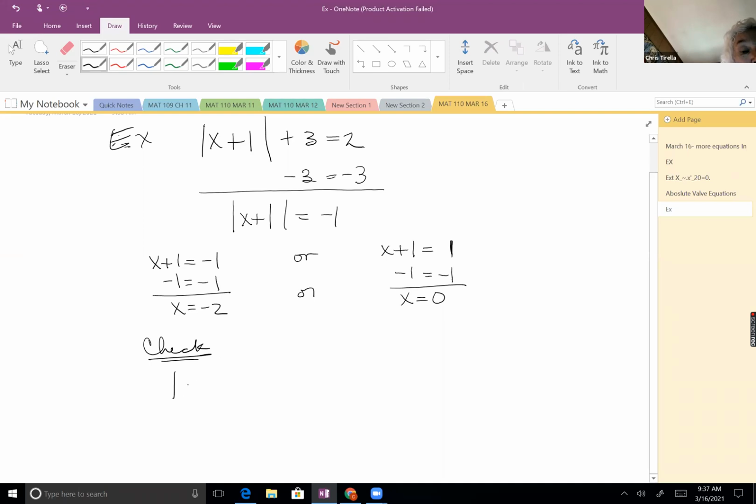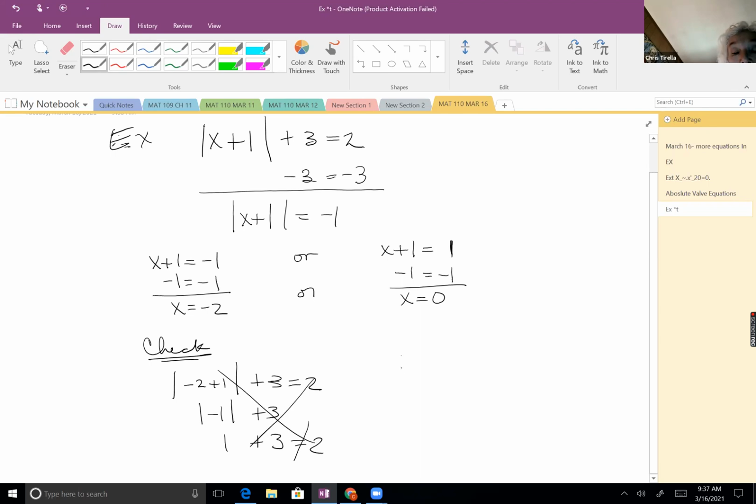The absolute value of -2 plus 1 plus 3 has to equal 2. Well, that's the absolute value of -1 plus 3. 1 plus 3 is definitely not 2.